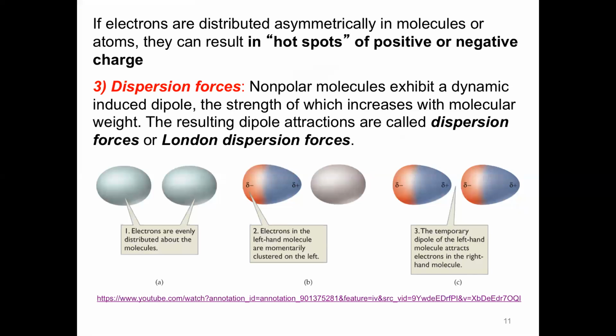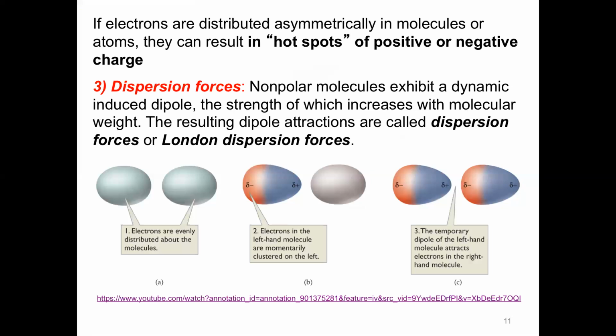And in this case, we don't have to have a polar molecule. But what's happening? Remember, the electrons are in motion. The electrons aren't frozen in space. So what happens is that the molecules will develop these transient, more positive or more negative areas simply because of the movement of the electrons.